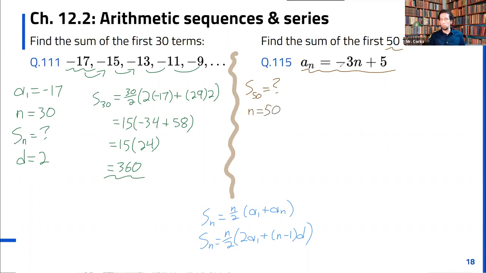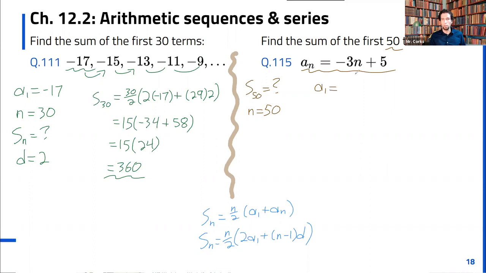So we just use this general term to find a1 and a50, and then we're ready for the first one here. We can also see that d is going to be -3. We can just know that by looking at the coefficient of the n term, but let's keep things real safe and predictable here.